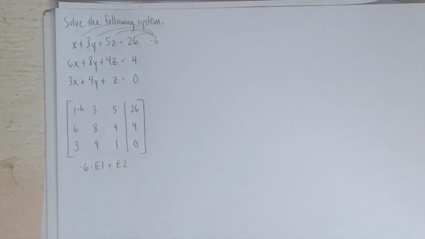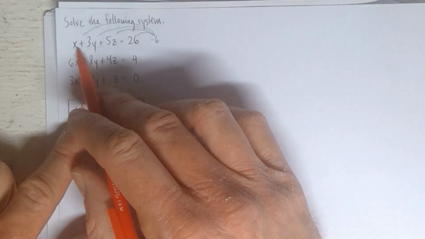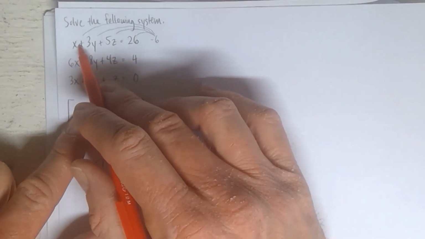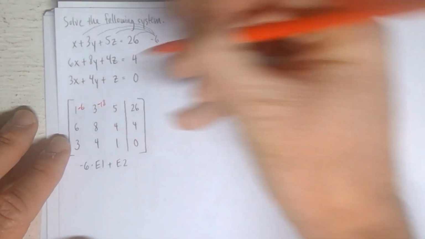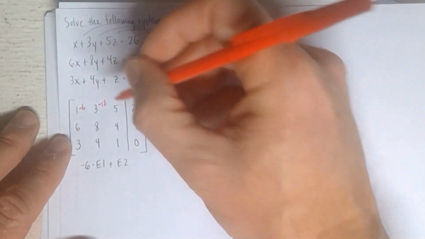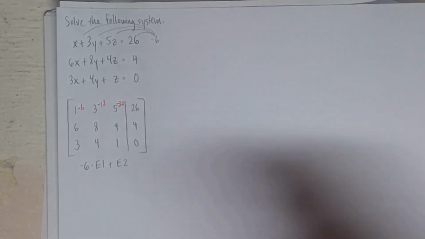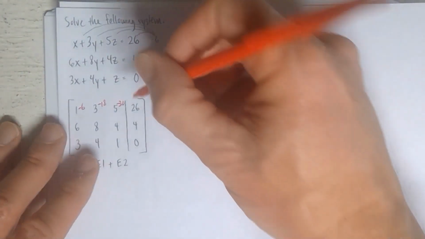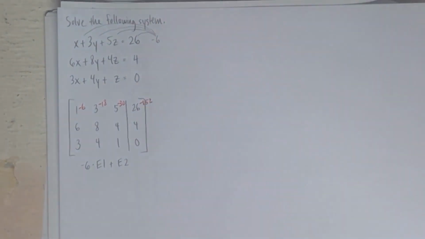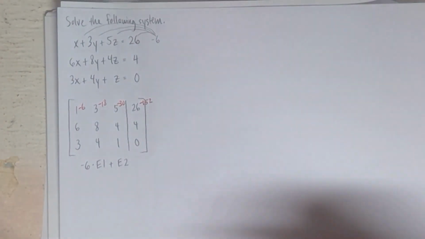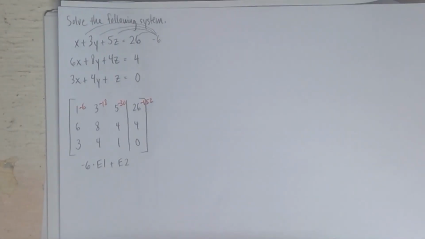But the first row is ultimately going to stay the same, but just temporarily it's going to change from 1 to -6 because we multiplied 1 times -6. 3 times -6 is -18. 5 times -6 is -30. And then 26 times -6 is -152. And then what we're going to do, just like we did in the last section, is after you multiply, you then add the equations together.